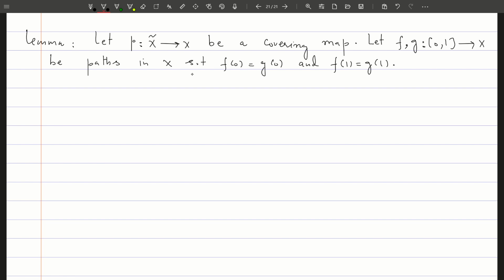Let us suppose f tilde and g tilde be their lifts. So let f tilde and g tilde be the maps from the interval [0,1] to X tilde, such that p composite with f tilde is f, and p composite with g tilde is g.